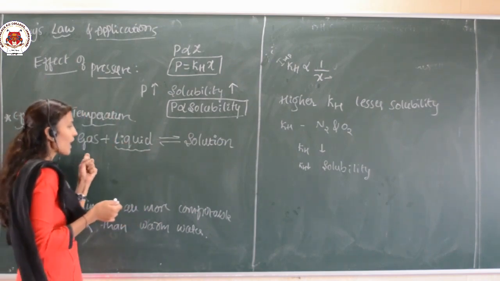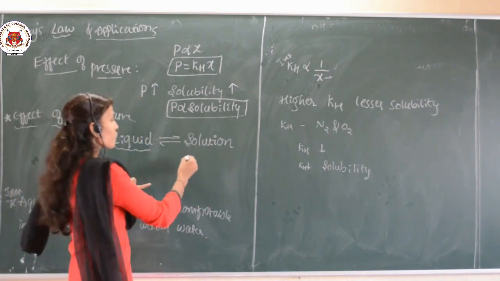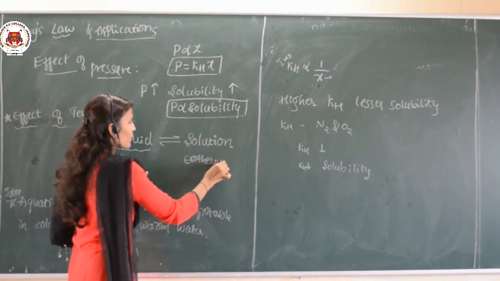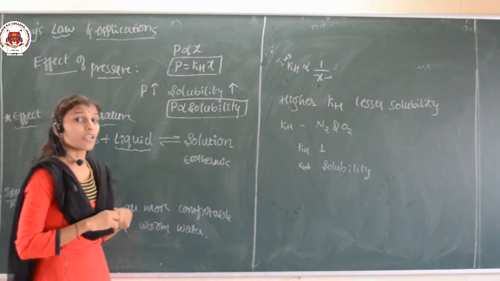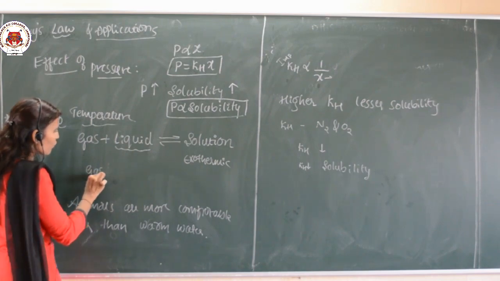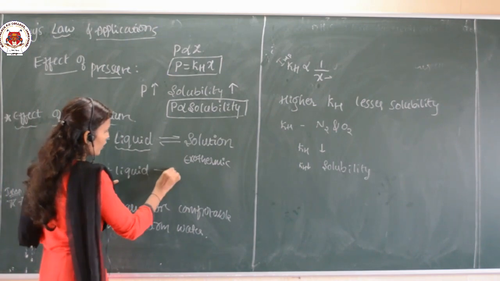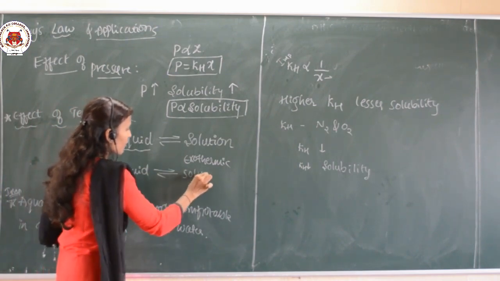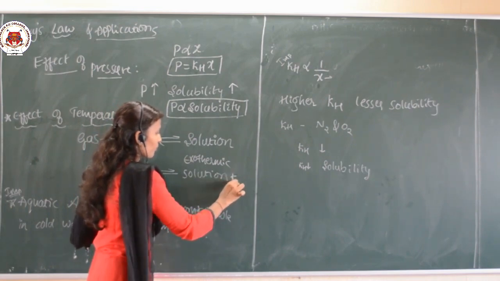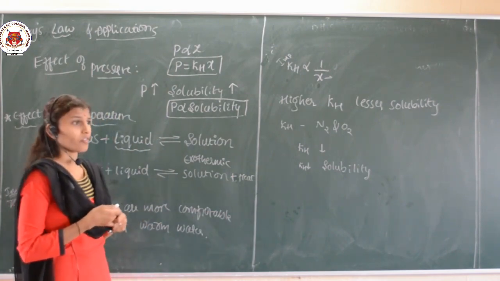Here the gas is dissolving in the liquid, which means this process will always be exothermic. As I said in the earlier class also, whenever a process is exothermic, the name itself indicates there is a release of heat.